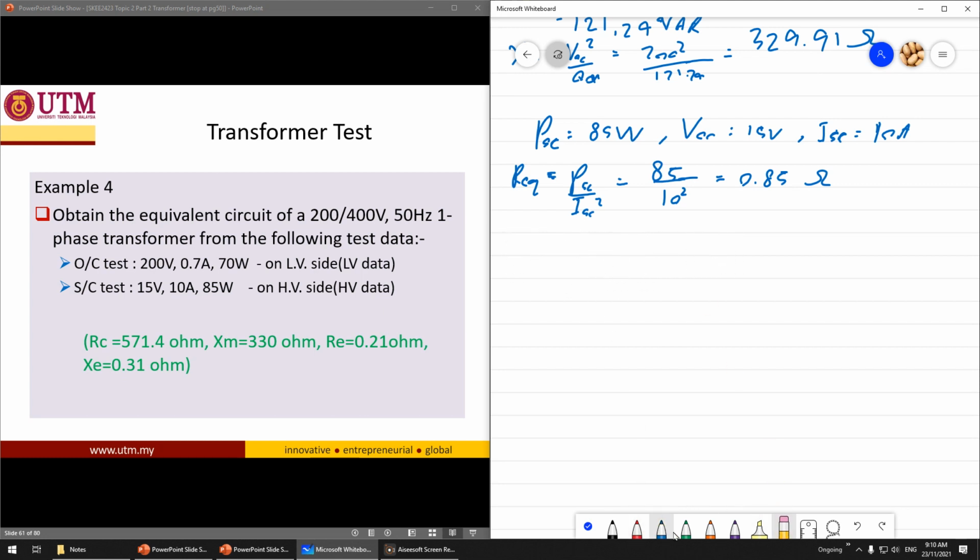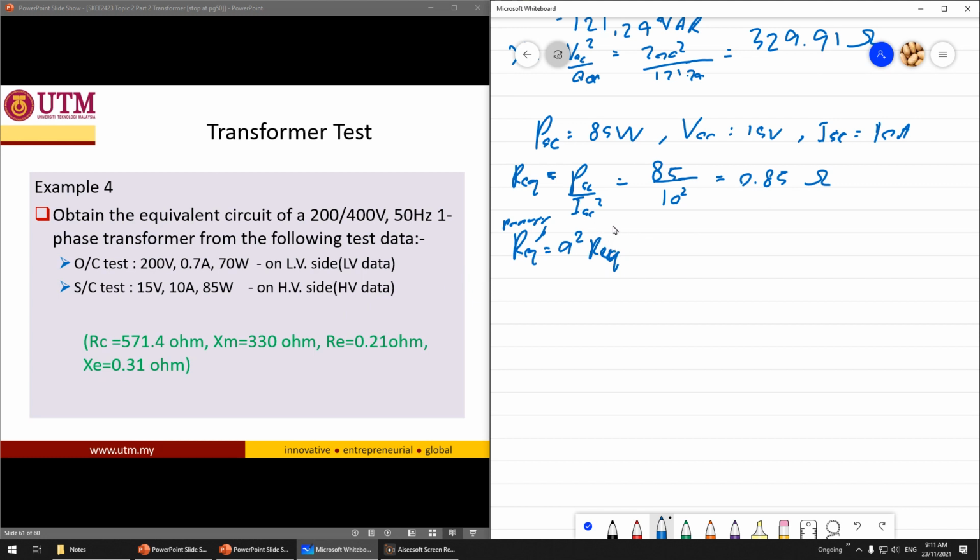Okay, oh, this data is from the secondary side. So when you want to bring this, okay, so this is number 2, you want to bring to primary. So this one A squared times Req, because this is a high voltage side. Okay, means that this data is from the secondary side.